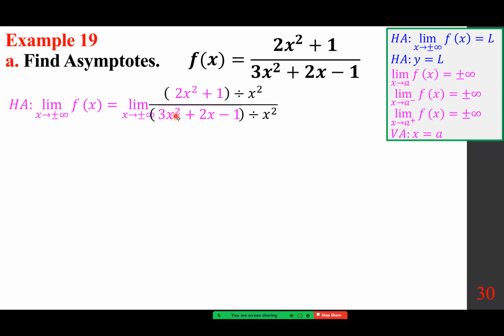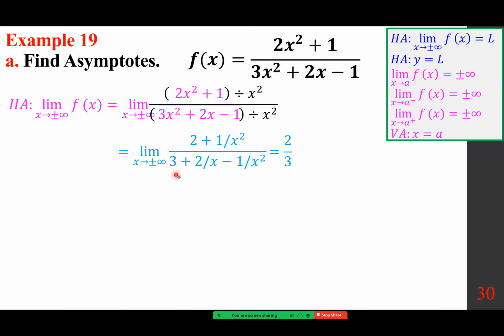So divide everything by x squared. So what happens? This becomes 2, this becomes 3, this becomes 1 over x squared, this becomes 2 over x, this becomes minus 1 over x squared. And this goes to 0. Everything goes to 0 except those two. So the answer is 2/3.